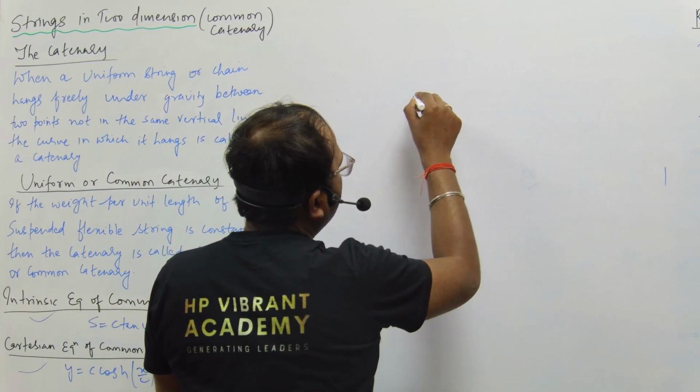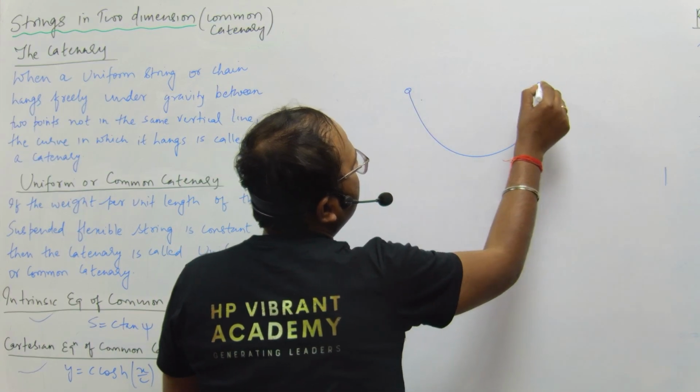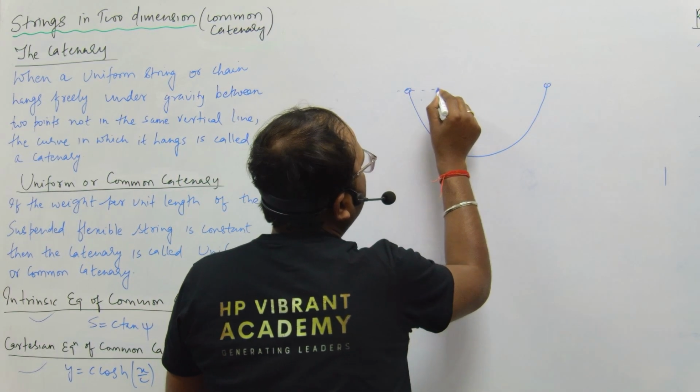Let us draw a common catenary. These 2 points are in the same horizontal line.